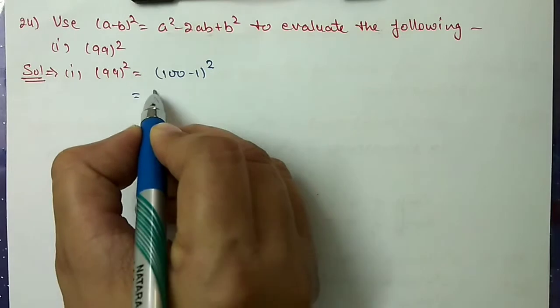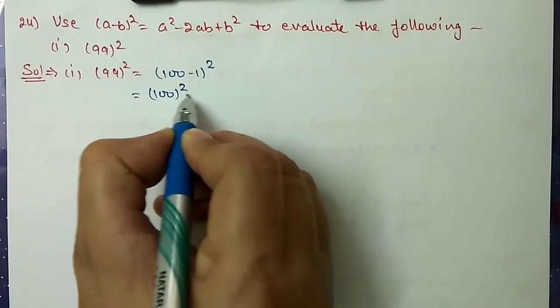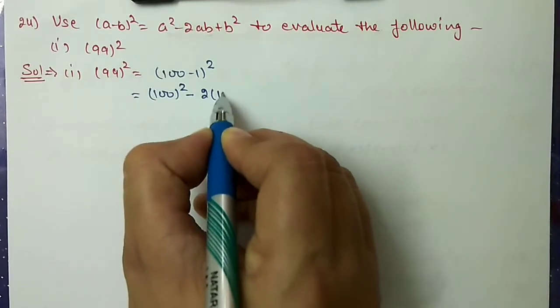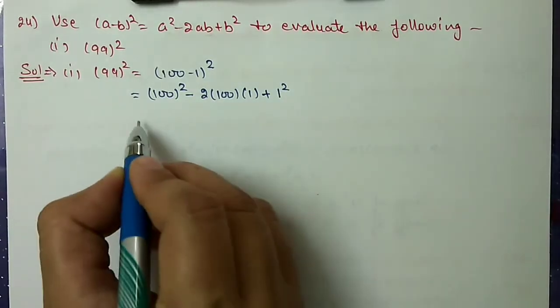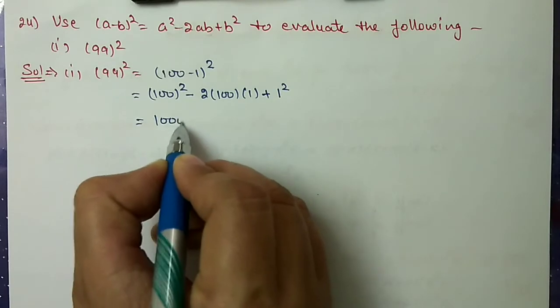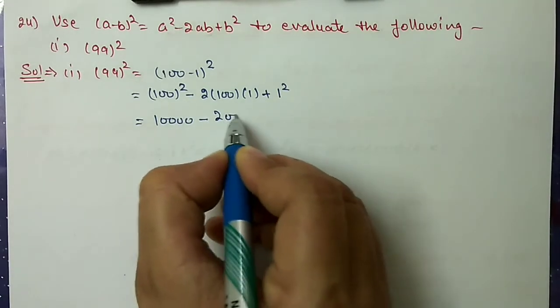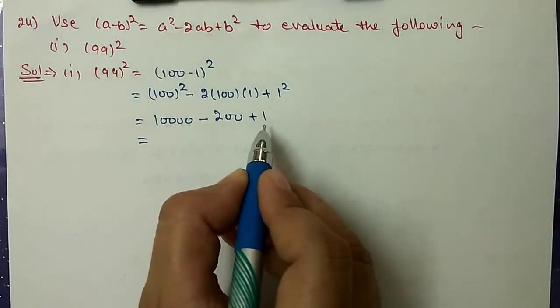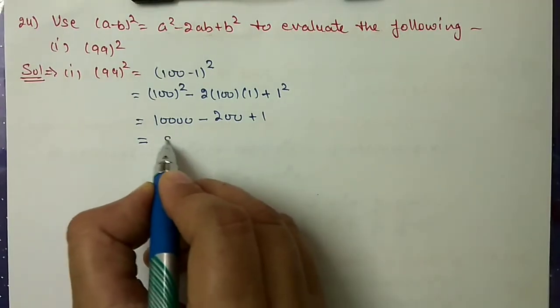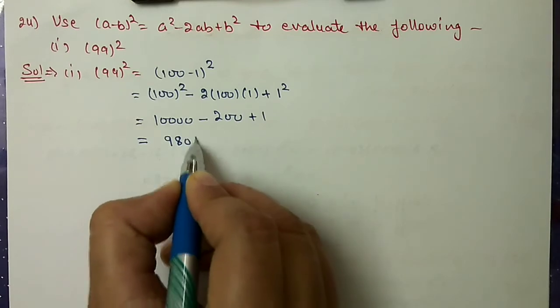A square means 100 square minus 2ab. 2 into 100 into 1 plus b square means 1 square. So 100 square will be 10,000 minus 200 plus 1, and subtract these two numbers, add 1. So after that we will get 9,801.